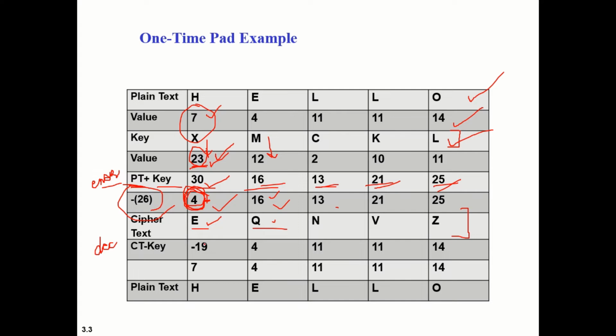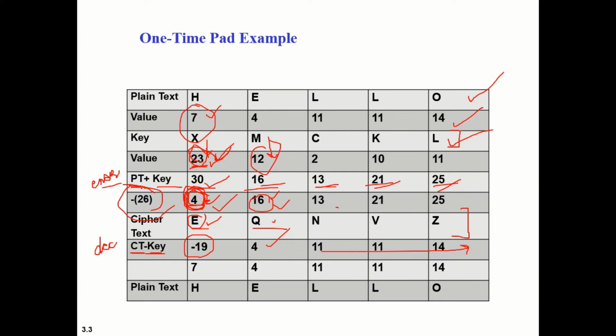So we perform CT, the cipher text, minus the key. So 4 minus 23, because the value of the key is 23 and the value of the cipher text is 4, which is for E. So 4 minus 23 gives you minus 19. Again, 16 minus 12 gives you 4, and we will carry this process on until we reach the end.